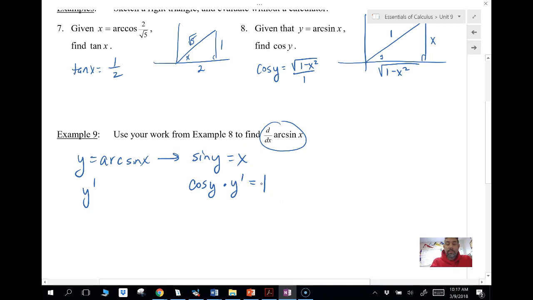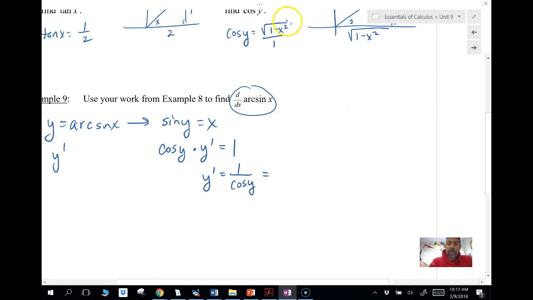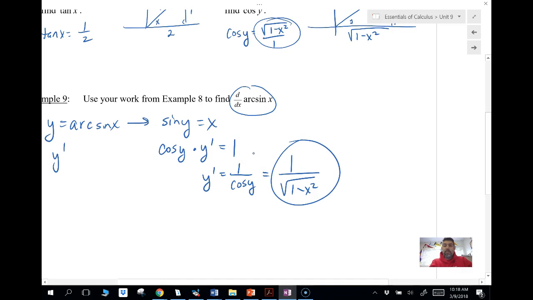The derivative of x is 1. So y prime, which is dy/dx, is 1 over cosine y. Well, what was cosine y? We just figured it out right here. So this is 1 over the square root of 1 minus x squared. This is kind of a weird derivative for a trig function, but that's what it ends up being, and this is based on a triangle.